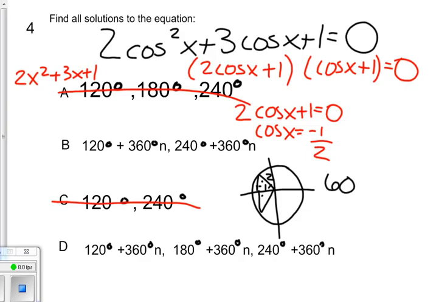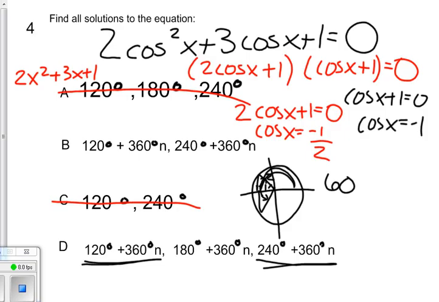But it's not 60, it's 180 minus 60, so there's 1. And then 180 plus 60, 240. So we found those 2 answers. We found when cosine was equal to -1/2. Now we got to do this part. So when cosine is equal to -1, there's 1 spot, and where's that? So D. Questions about that?